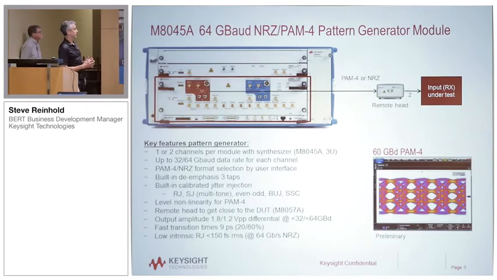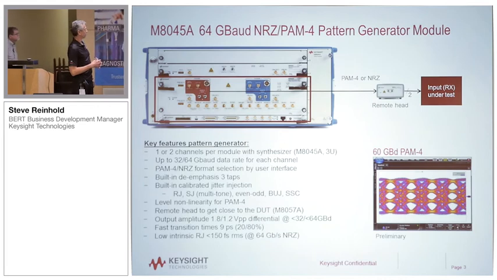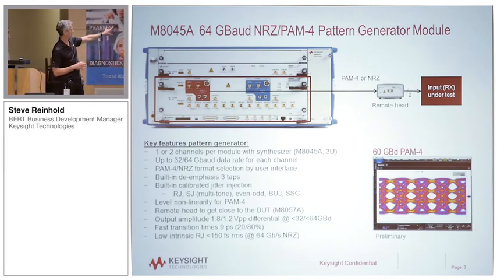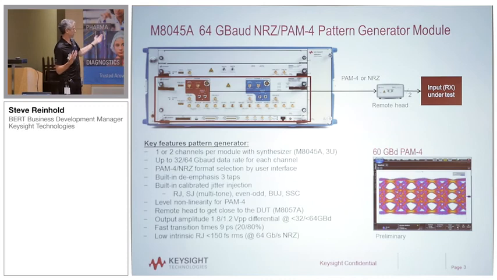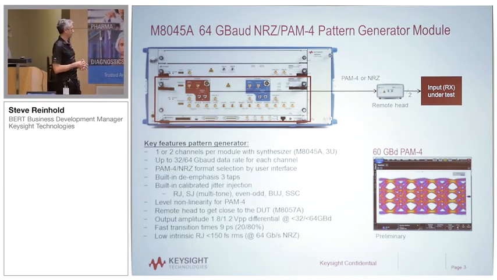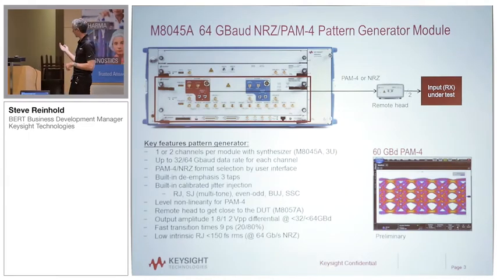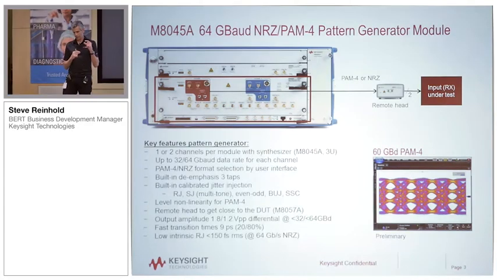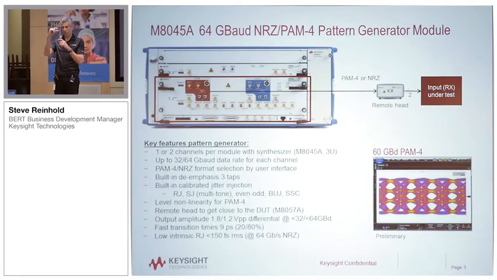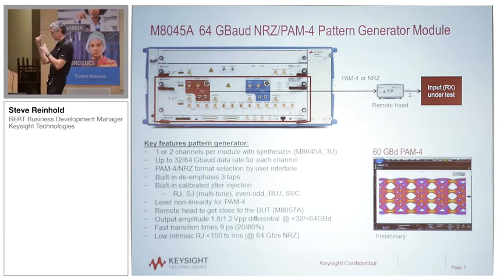A couple more details about the pattern generator. It's this 3-slot module in the bottom there. It says 3 taps, but there's 4-tap de-emphasis built in. We have level nonlinearity. Steve talked about the need to do level nonlinearity, and I think the OIF spec is 0.67 as the ratio between the biggest and the smallest eye.